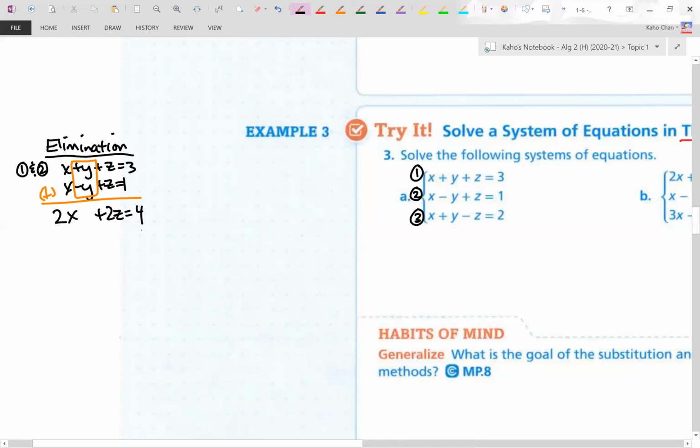Let's go and pick on another pair of equations. I'm going to at least keep equation 2 because it's negative, and let's do equation 3. And do the same exact thing.